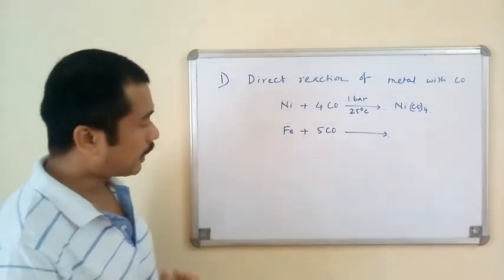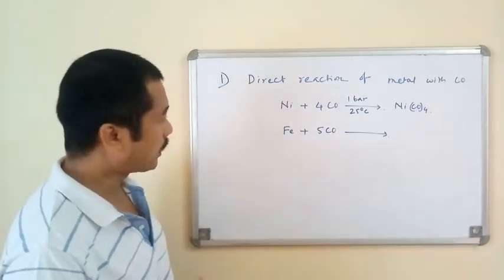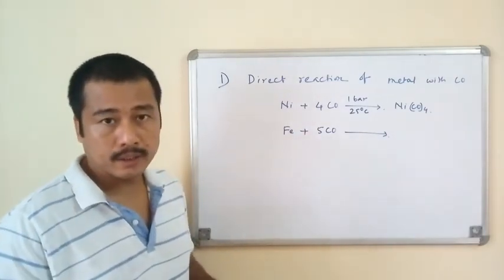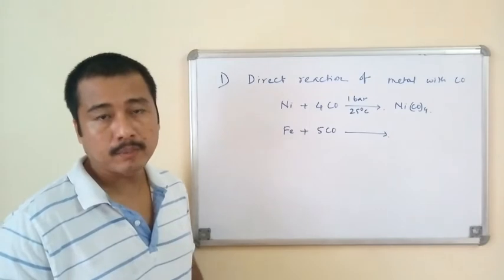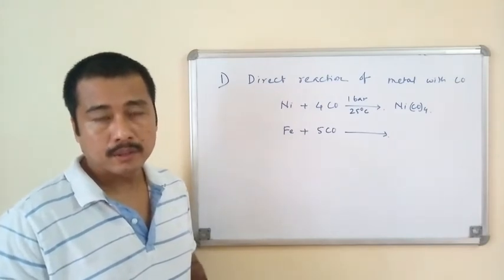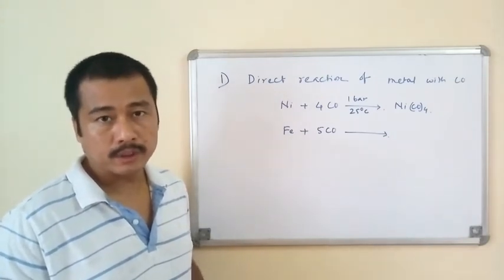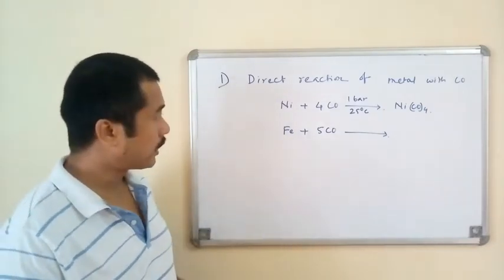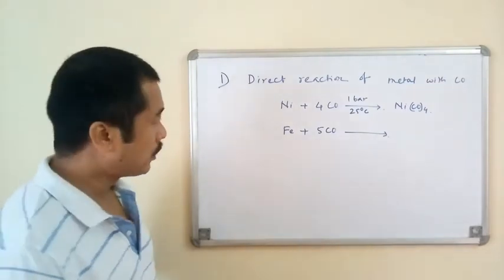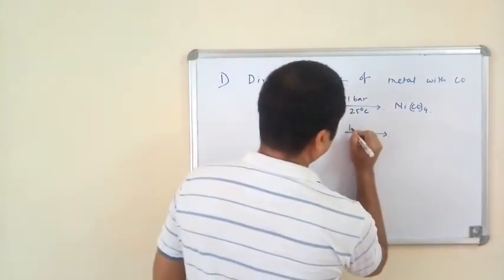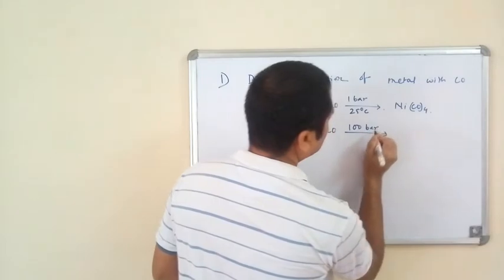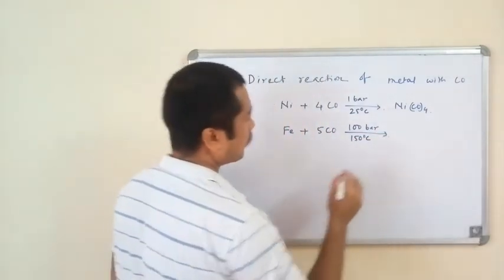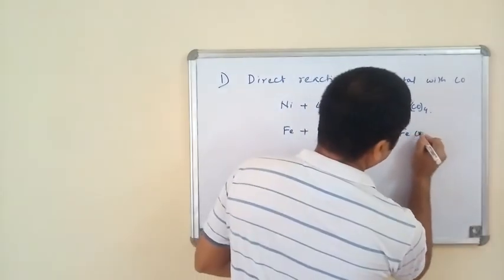But iron is much more reactive as a metal compared to nickel, and that is why the outer surface of these iron particles is generally coated with iron oxide, and that is why one needs to increase the pressure of carbon monoxide as well as the temperature to get iron pentacarbonyl. 100 bar carbon monoxide pressure as well as 150 degrees Celsius temperature is required to get iron pentacarbonyl.